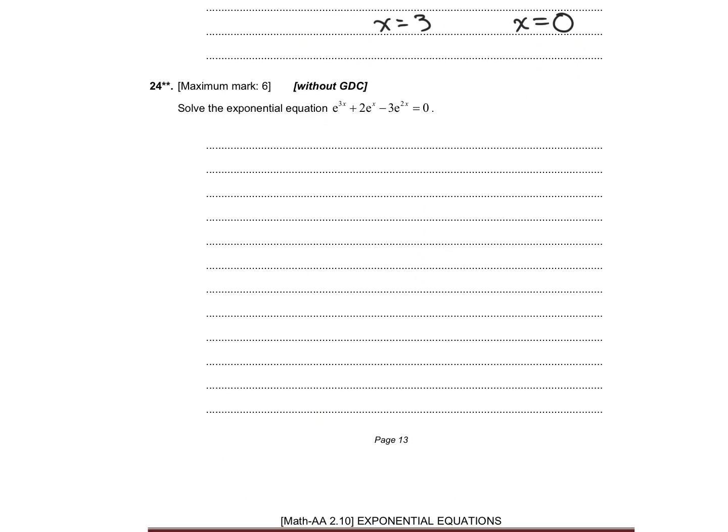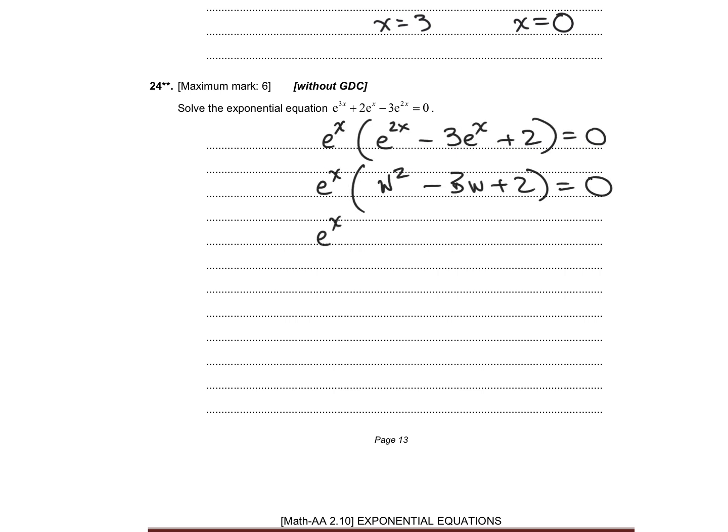Okay. This one, we can first factor out an e^x. So that's going to be e^(2x) minus 3e^x plus 2. And we need to factor. So if that's w squared minus 3w plus 2, we've got e^x (w minus 2)(w minus 1), and then it's e^x.